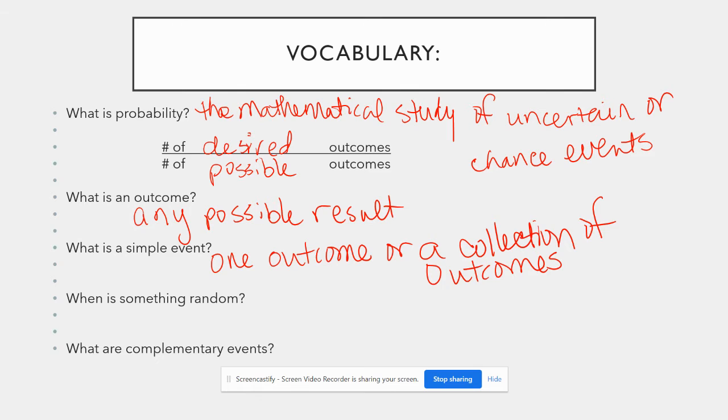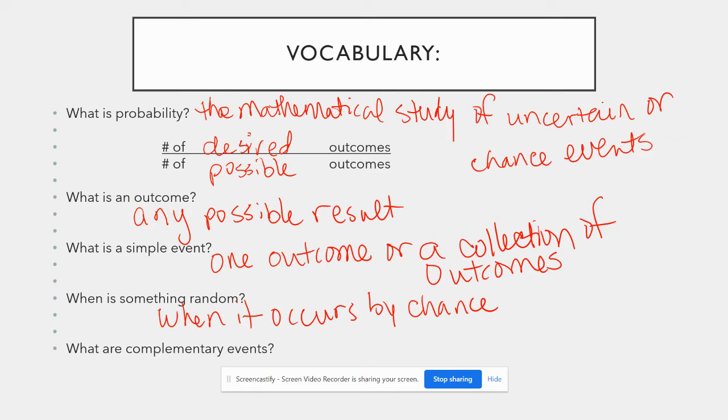When is something random? It is random when it occurs by chance. So there's not any way for you to be able to pull strings or force something to go the way that you want it to.